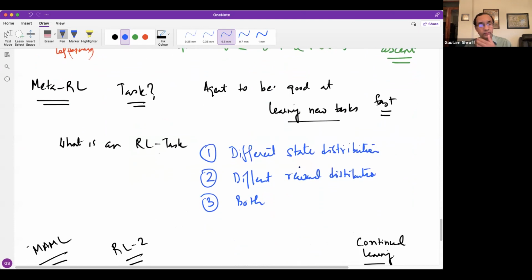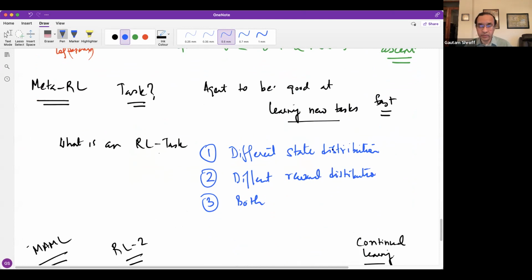So now coming to MetaRL. We talked about this last time briefly. Let's go into it a little bit more. So an agent should be good at learning new tasks fast, right? So what is a new task? In RL, a new task could be a different distribution of states.